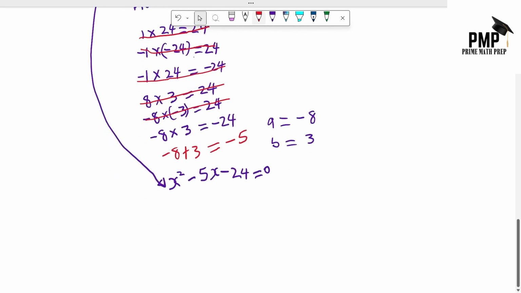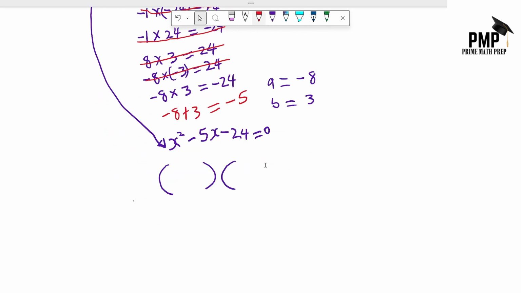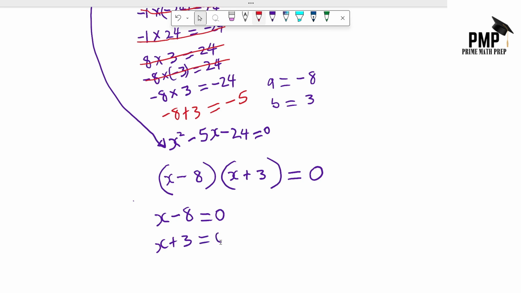Using the factoring method, we'll open two brackets. We'll put our x in one and another x in the second one. Then we'll put those two factors that we found, which are negative 8 and positive 3. All should be equal to 0. So we can say either x minus 8 is equal to 0 or x plus 3 is equal to 0.